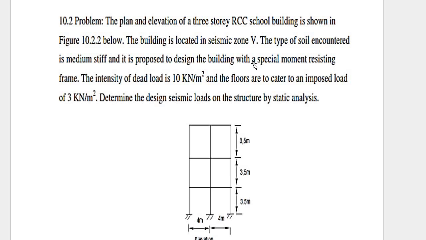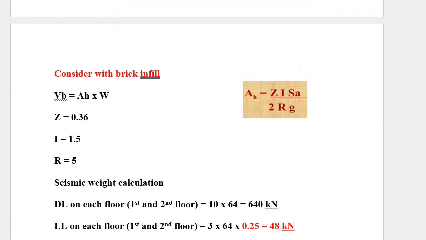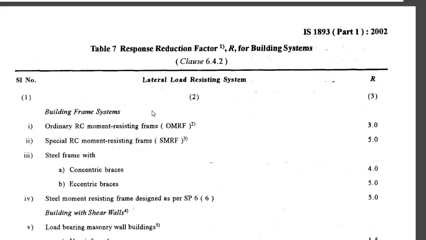You can read it, building with a special moment resisting frame. That is, R is nothing but SMRF. I will show you in the code book. In the code book, check page 23, table 7, that is response reduction factor. So here you can see a building frame system.